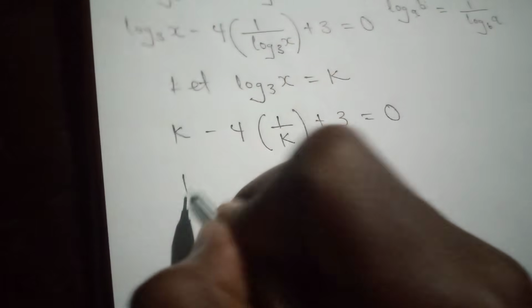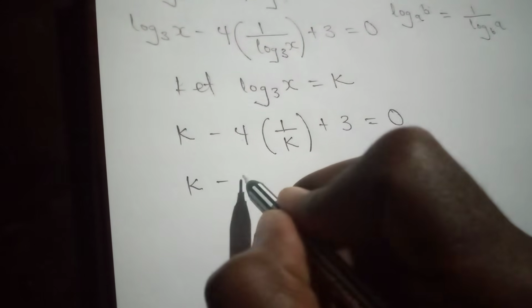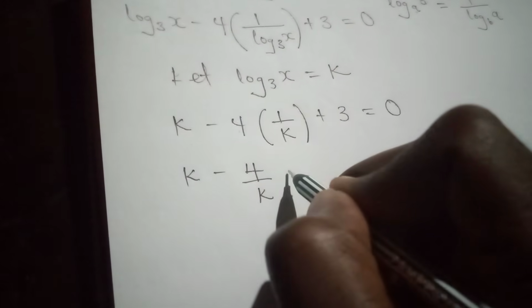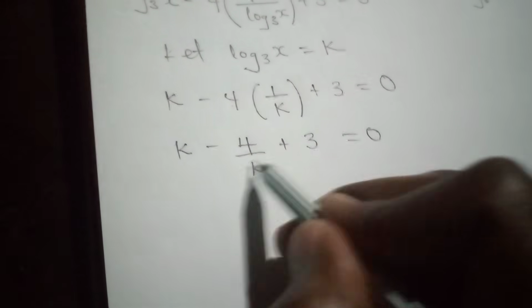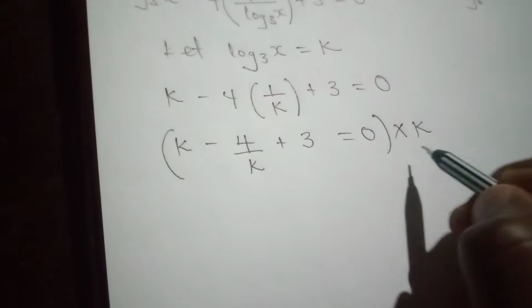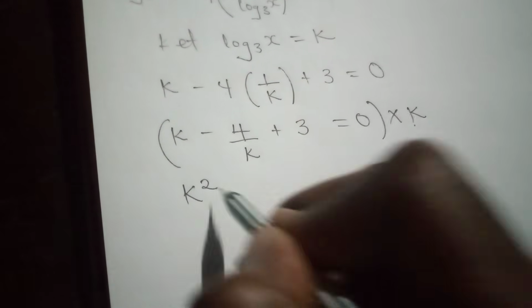So there I'm having k minus 4 times 1, that is 4 over k, plus 3 is equals to 0. To kill this denominator k, I'm going to multiply the entire equation by k. So k times k, that is k square.